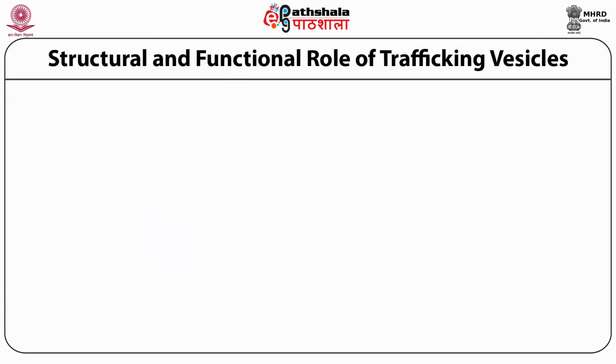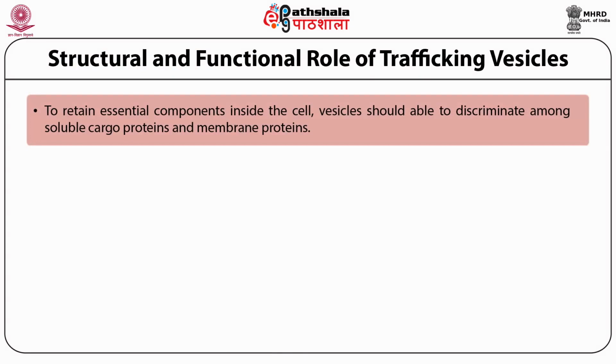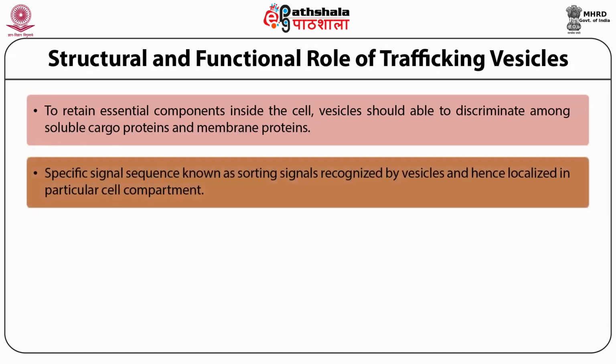To retain essential components inside the cell, vesicles should be able to discriminate among soluble cargo proteins and membrane proteins. Specific signal sequences, which are known as sorting signals, are recognized by vesicles and hence localized in a particular cell compartment.